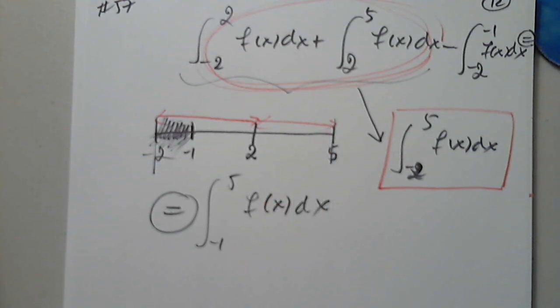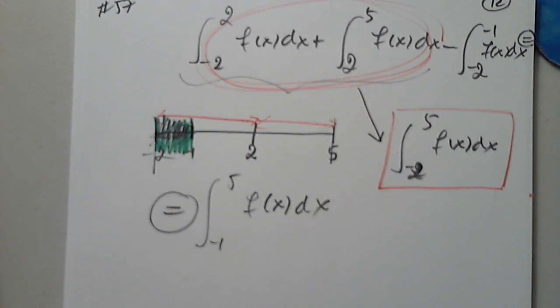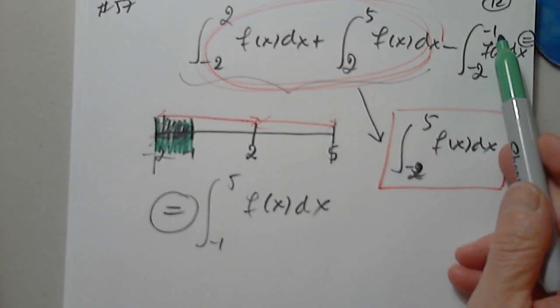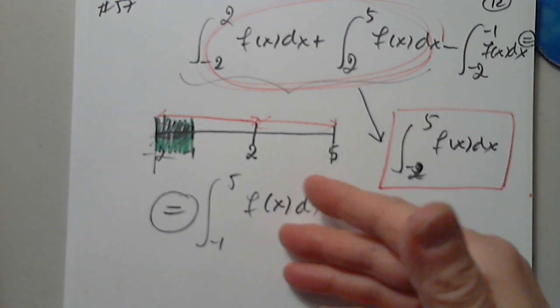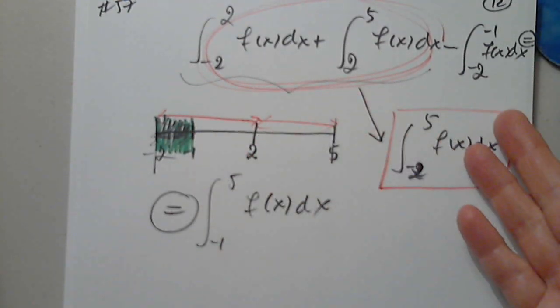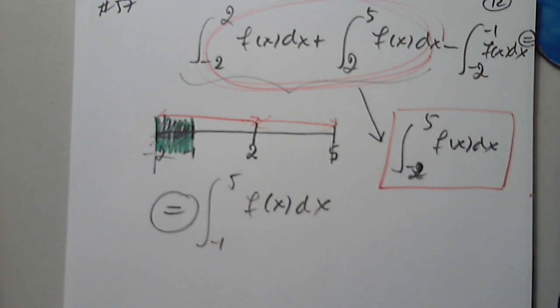But now they are asking us to subtract this piece, the integral from -2 to -1. So what is left? Yeah, we should be from -1 to 5. So this is one of the properties. Subtracting, adding integrals. Good.